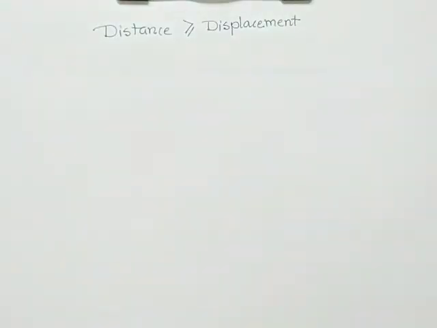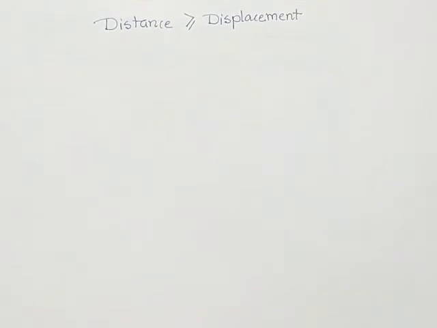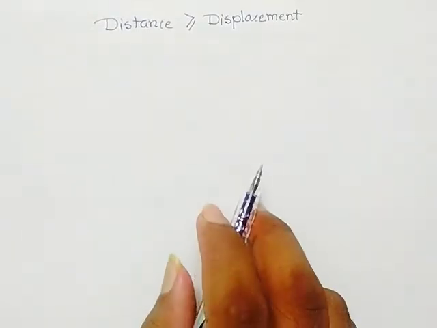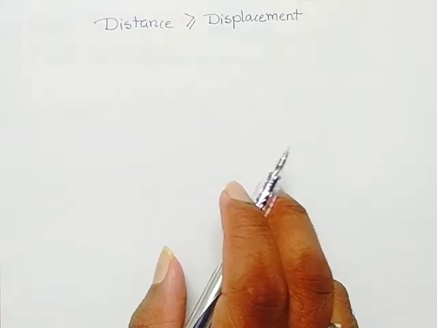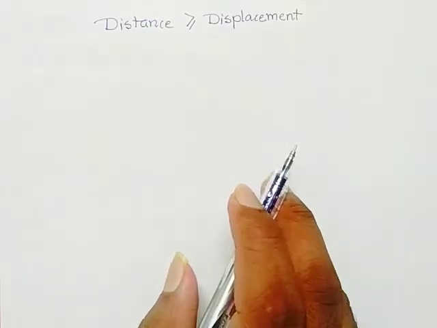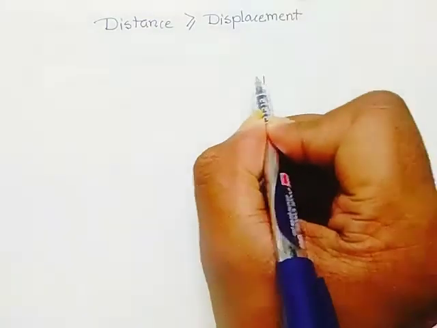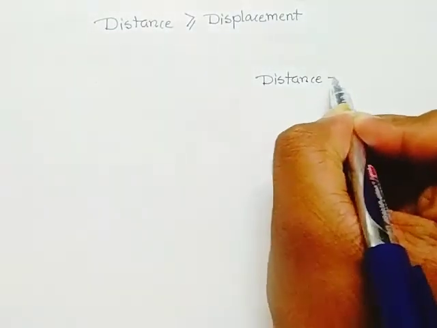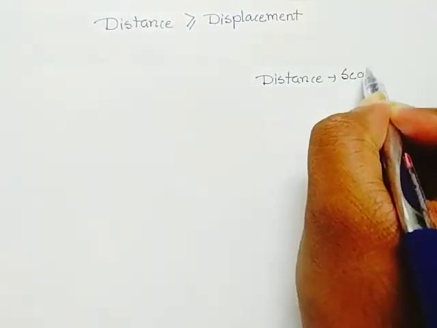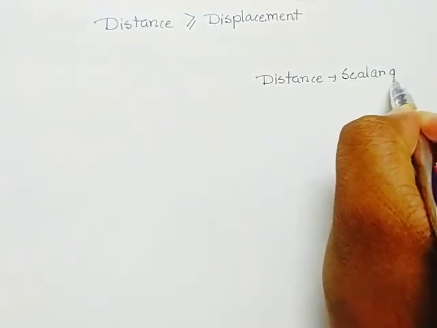But one thing to consider from before is that the displacement is also associated with direction. Distance only refers to the path length, no direction is associated there. So we can say the distance is basically a scalar quantity.